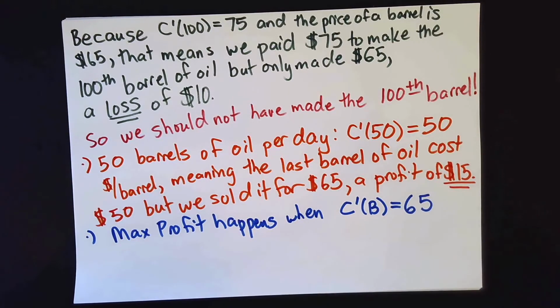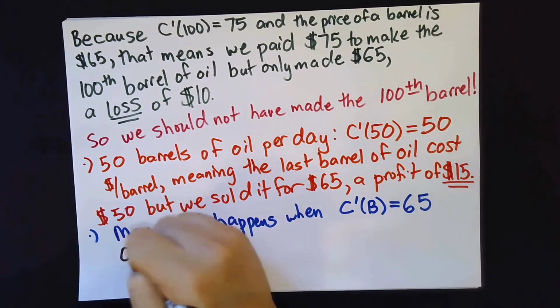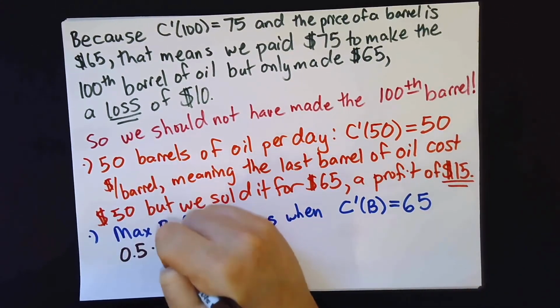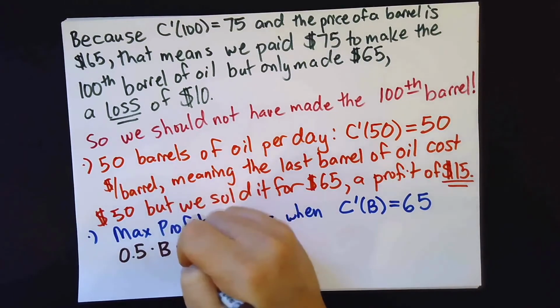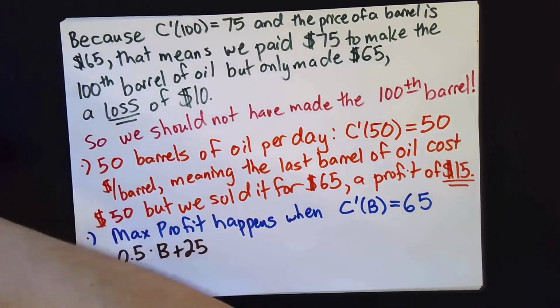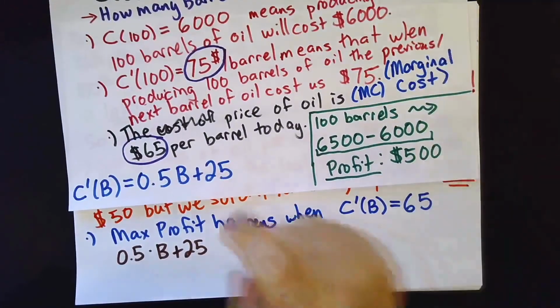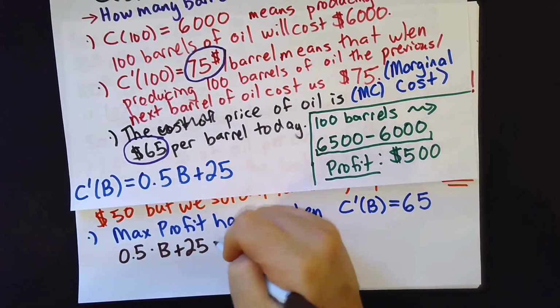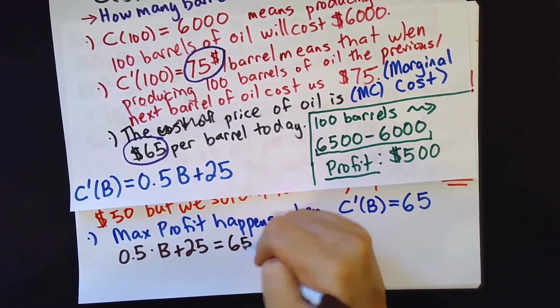So when does this happen? Well, we can solve this by setting 0.5 times b plus 25, again, that's just our function for C prime, equal to $65.